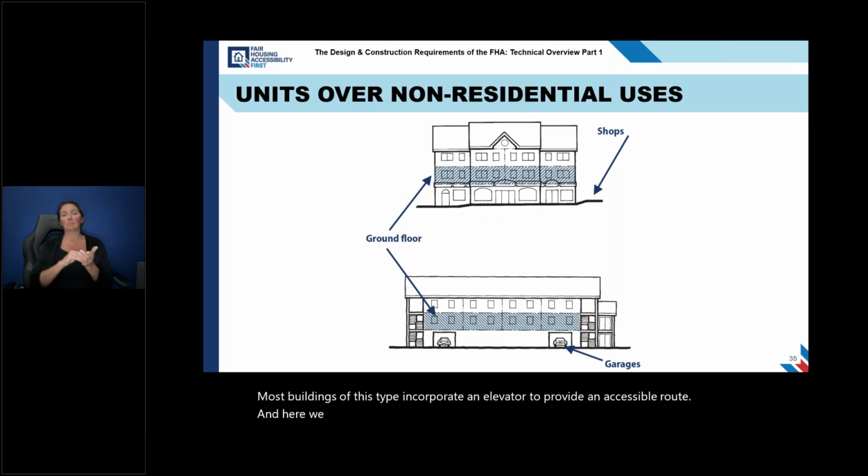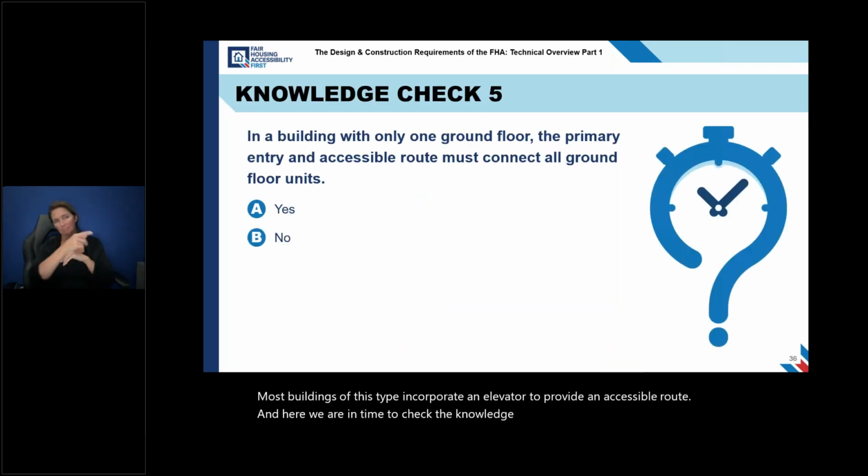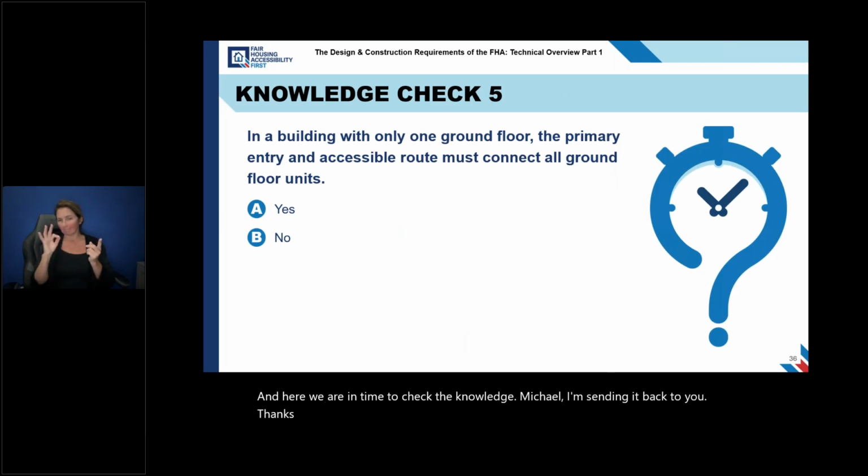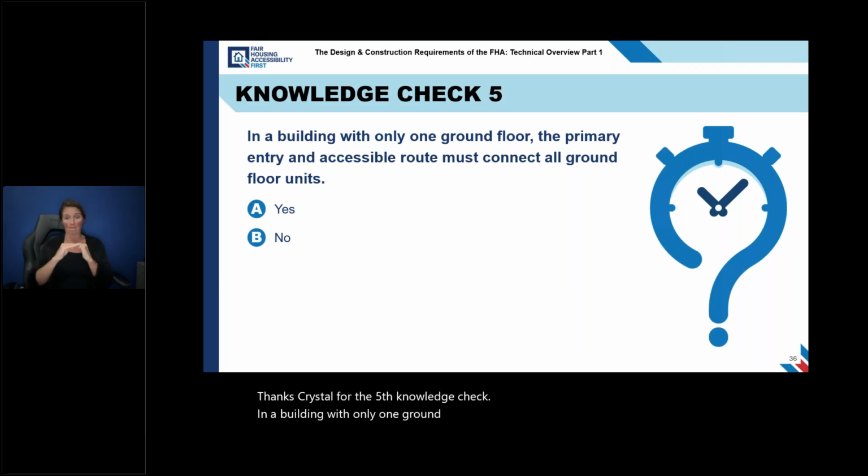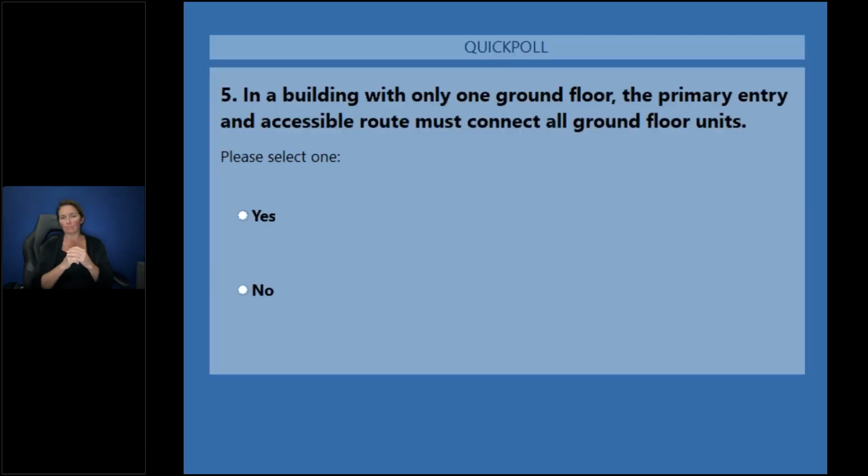And here we are again, time to check the knowledge. Michael, I'm sending it back to you. Thanks, Crystal. For the fifth knowledge check, in a building with only one ground floor, the primary entry and accessible route must connect all ground floor units. First option is yes. The second option is no. So go ahead and launch this poll. And again, this reads, in a building with only one ground floor, the primary entry and accessible route must connect all ground floor units.